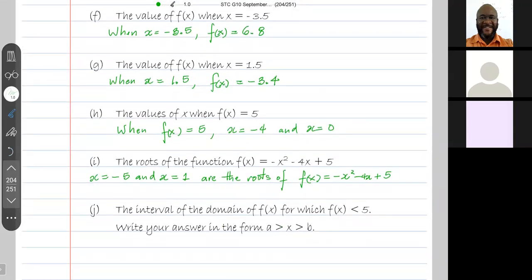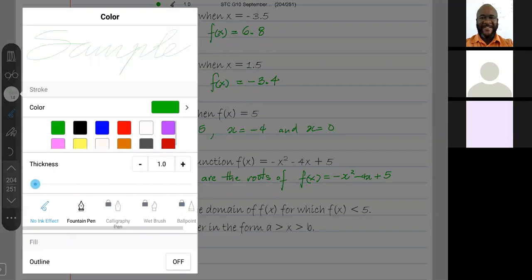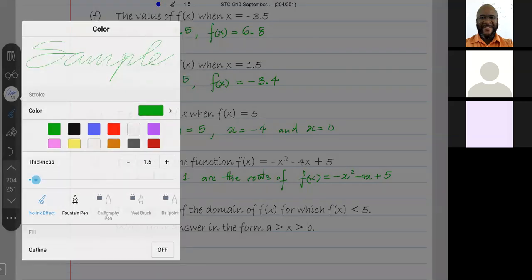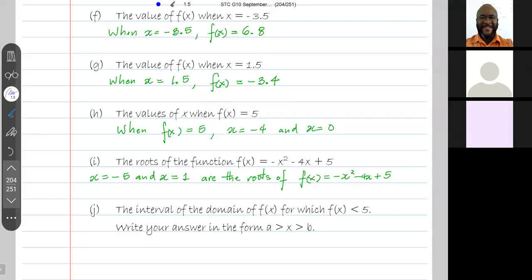The interval of the domain, remember the domain are your x values, for which f of x is less than 5. So I think last time we went blue. Guys, if you want to find out the values of x where f of x is less than 5, we need to draw the line f of x is equal to 5, which I think we already did.